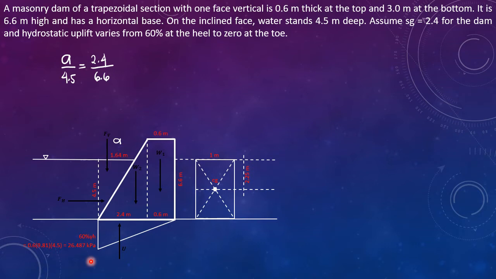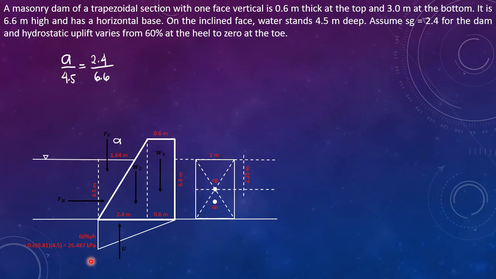And we also need to determine the location of the center of pressure. The center of pressure is where Fh acts. And you have to remember this: for a rectangle, you don't need to solve for eccentricity e.